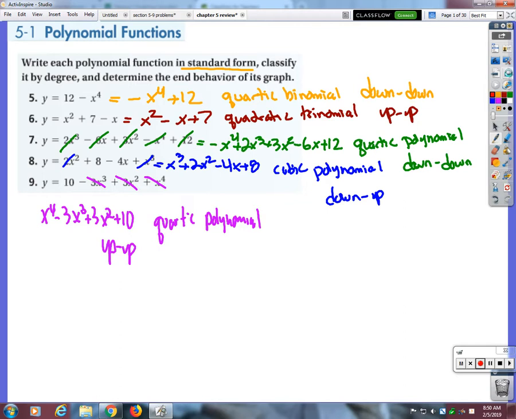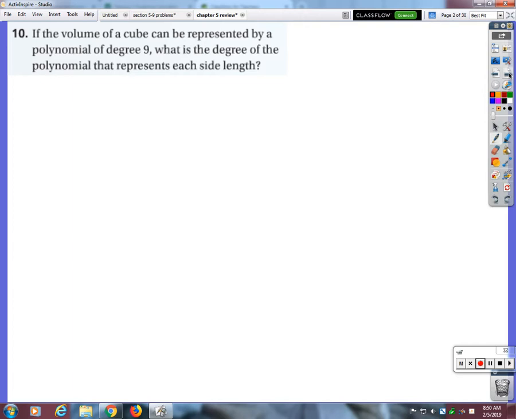Okay. Then the next thing that we did was a word problem. If the volume of a cube can be represented by a polynomial of degree 9, what is the degree of the polynomial that represents each side length? So it's a cube. So there's going to be 3 things that we're going to multiply together, right?